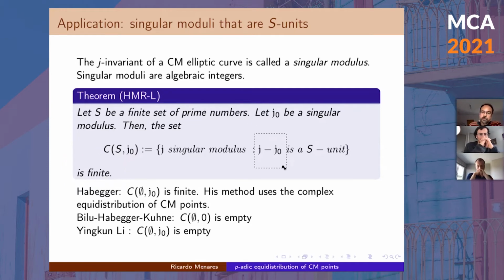These differences of singular moduli are the subject of a very well-known article by Gross and Zagier, where they work out a very nice formula for the factorization in primes of the absolute norm of a difference of singular moduli. Their formula can be very easily translated into an algorithm.